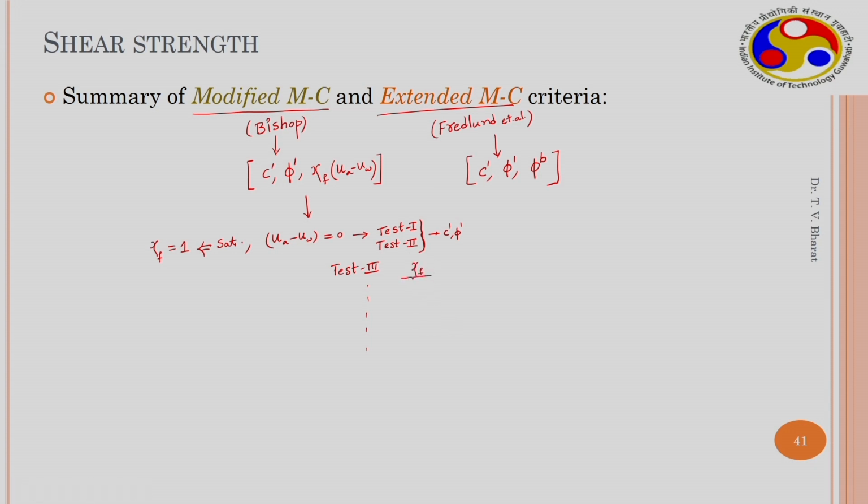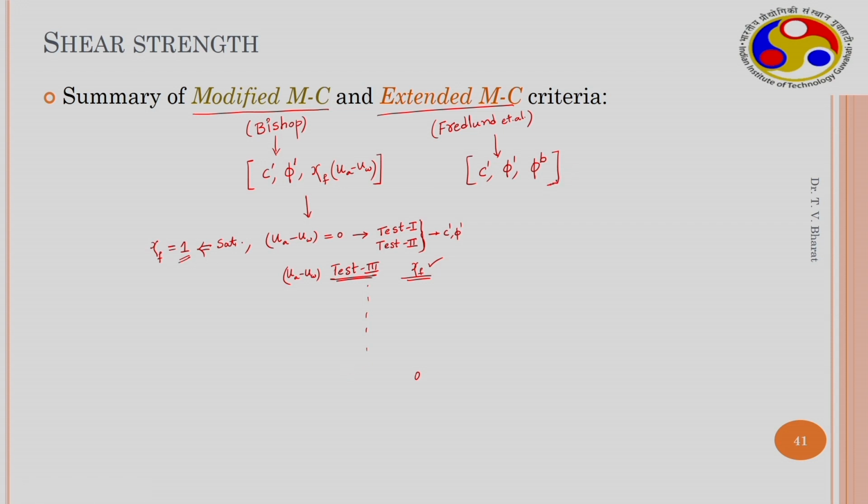Xi f can be estimated using the expressions for different suction values. When you maintain different suction values in different tests, you can obtain the xi f value. The xi f value changes from 1 at saturated state to nearly 0 at nearly dry state.